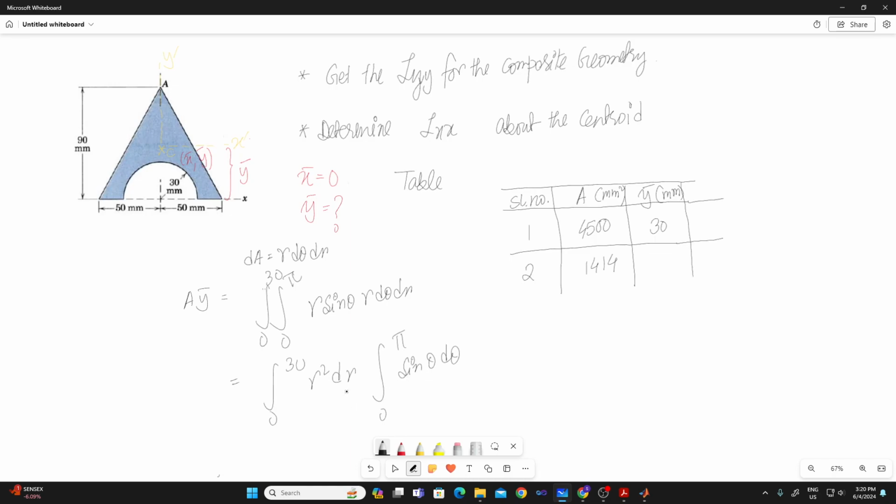If you do that, that would give you the y coordinate of the centroid of the semicircle.